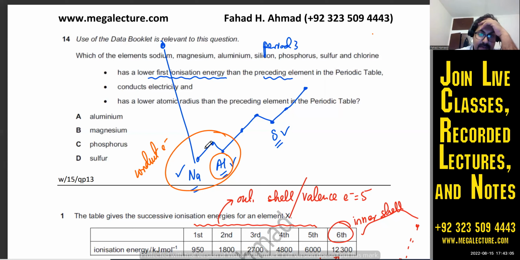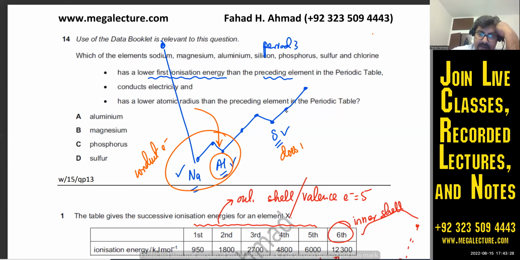Okay, across the period, what happens? That the atomic radius decreases. So aluminium is going to be smaller than the one before that, which is magnesium. Across the period, atomic radius decrease karta hai, theek hai? So this statement will be true for aluminium only. Conduct electricity to ye do. Sulfur is eliminated automatically.